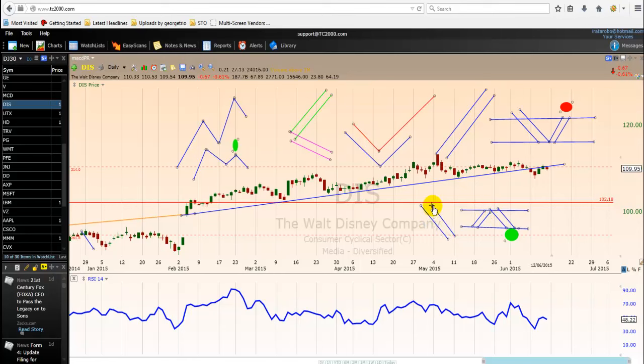Though we see a bullish divergence taking place because the asset is falling, but the RSI is rising in a rising channel, you can see it clearly here.